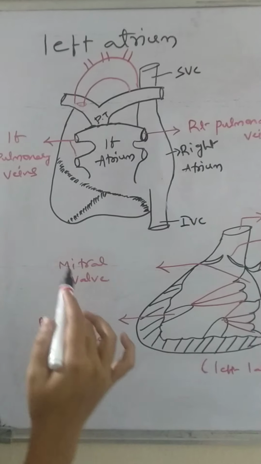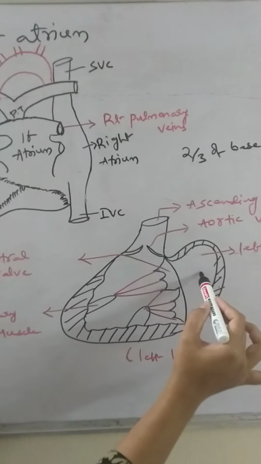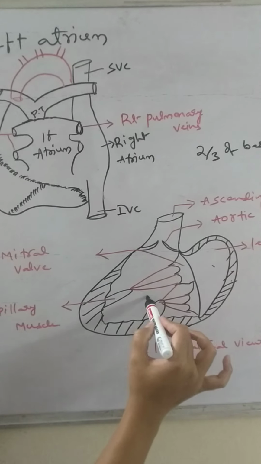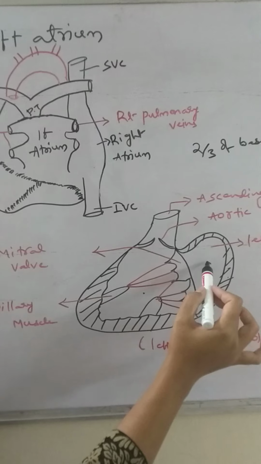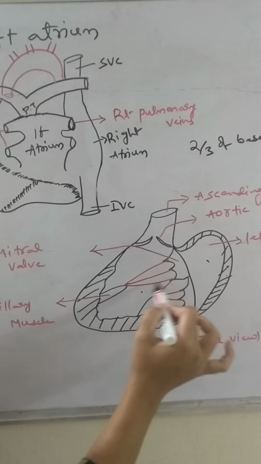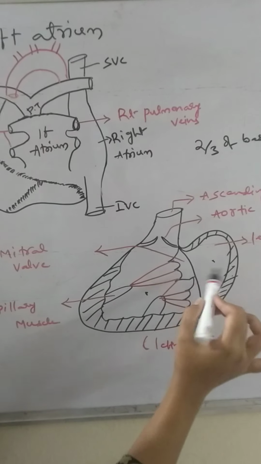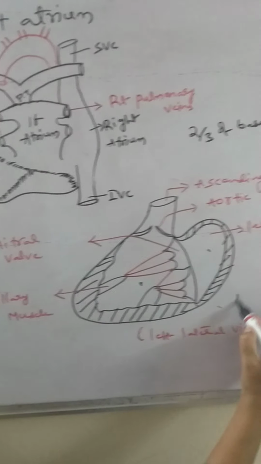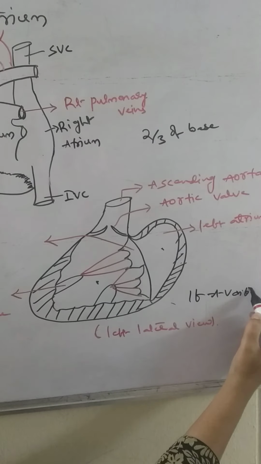Along the anterior aspect, the left atrium communicates with the left ventricle through the left atrioventricular orifice.